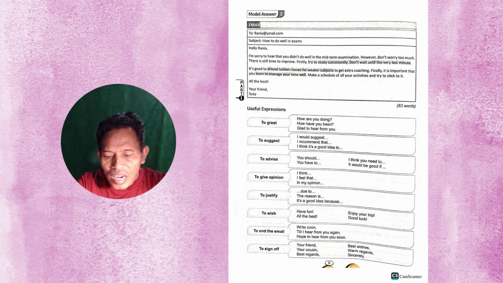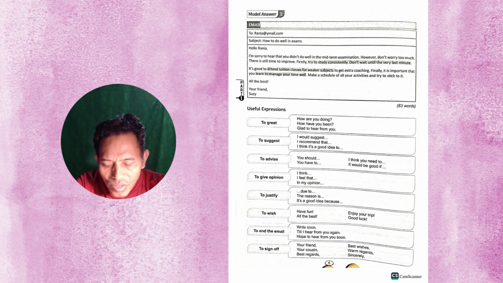And now let's listen to some useful expressions which you can use in writing your email. Number one, to greet: how have you been? Number two, to suggest: I recommend that. To advise: you should or you have to.